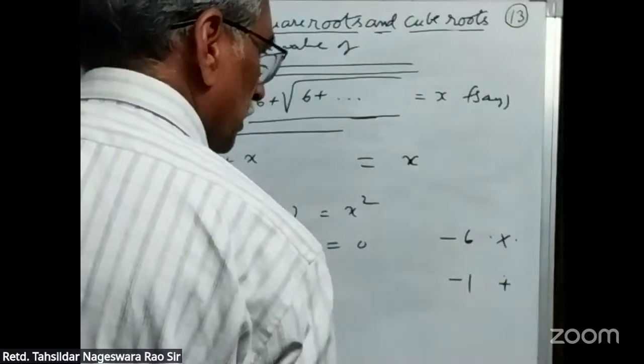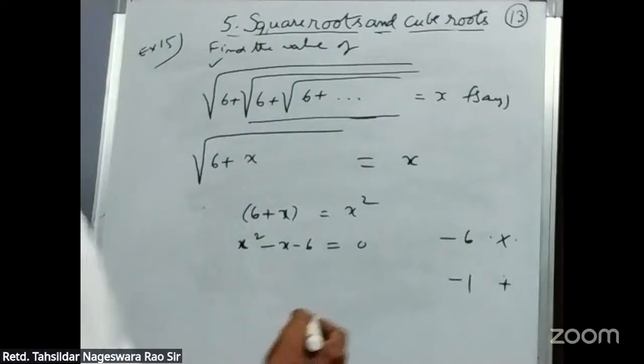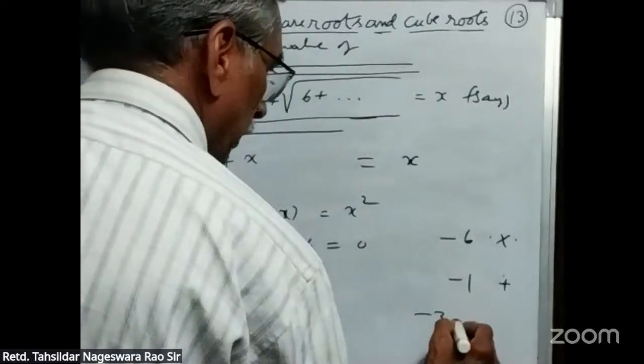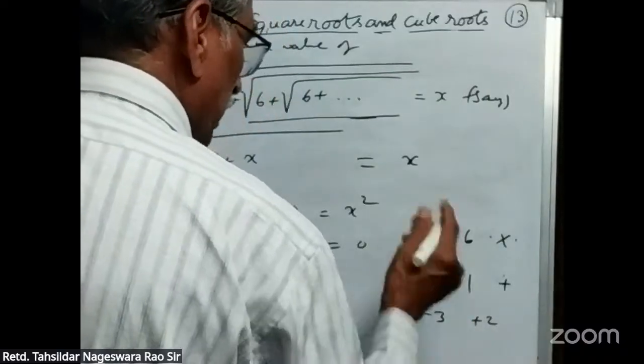If it is added, it should be minus 1. If it is multiplied, the two numbers should give minus 6. How? Minus 3 and plus 2. Added, minus 1; multiplied, minus 6.